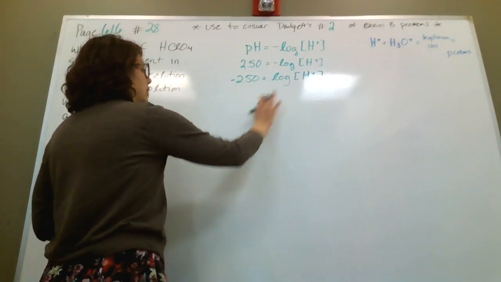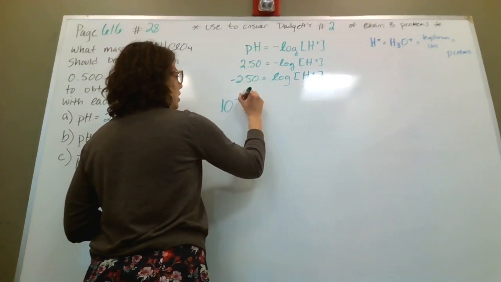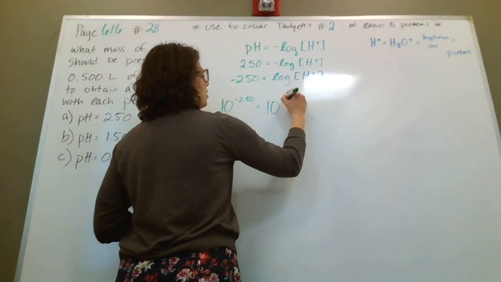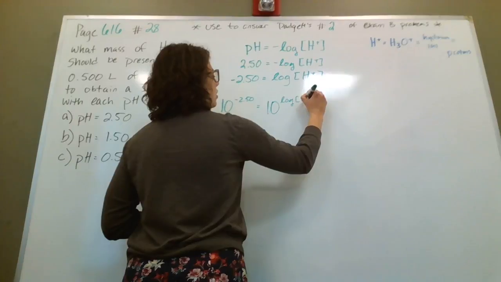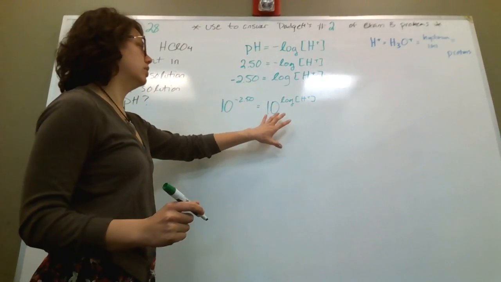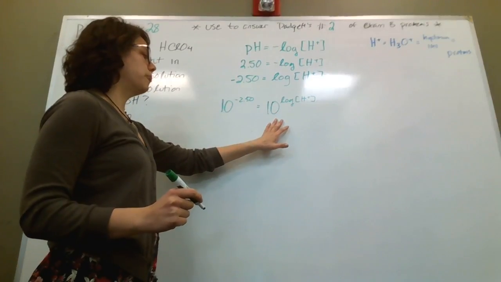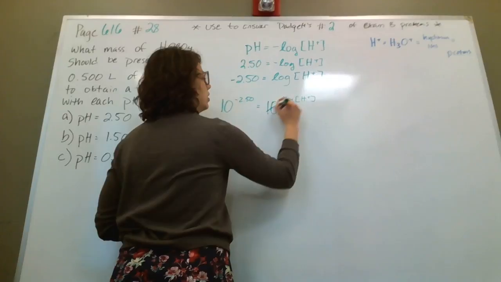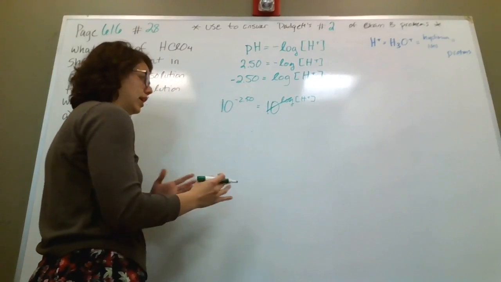And then to get rid of that log, you would put 10 to the negative 2.5 and 10 to the log of H plus. So log and the power of 10 are inverses. It's like an exponential, so they're inverses. You can actually just cross that out. They'll cancel each other out.